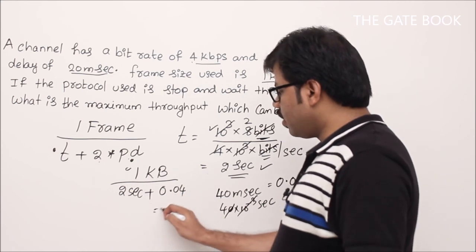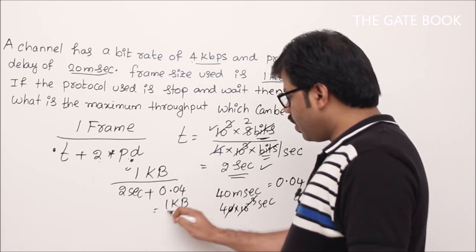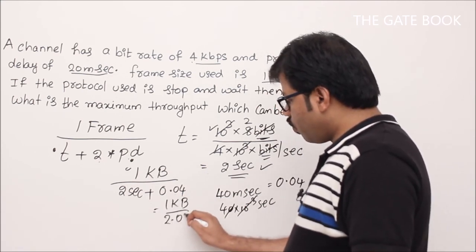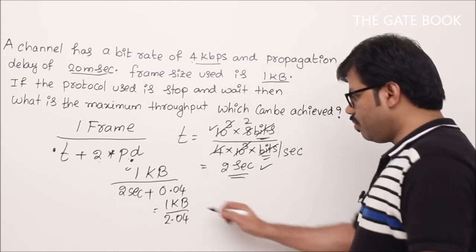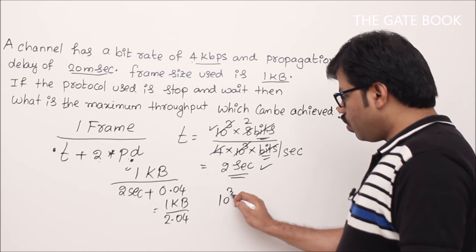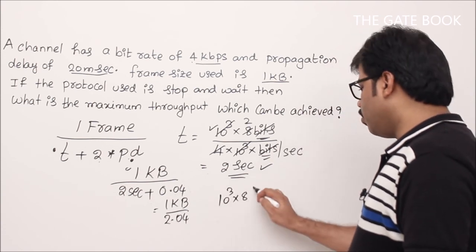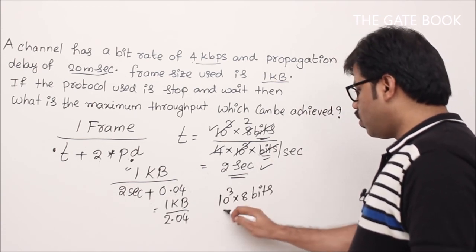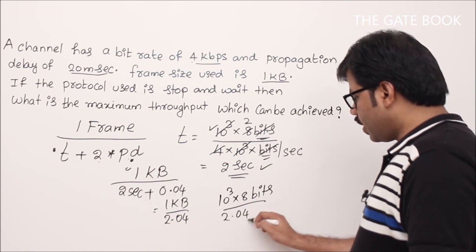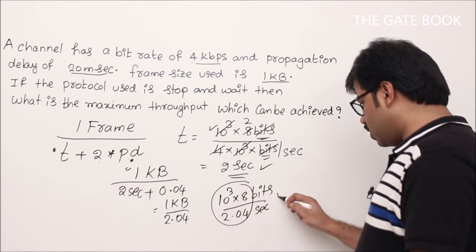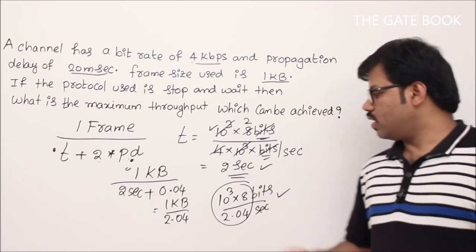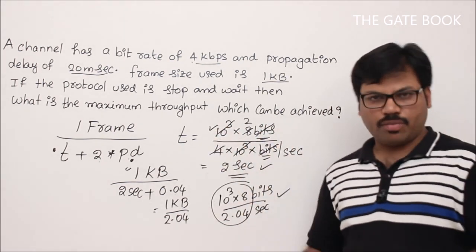I can say that 1 kilobyte per 2.04 seconds. So if I convert it into bits, it will become 10 cube into 8 bits per 2.04 seconds. So you have to do the simplification. If you do the simplification, you get the answer. So this is the throughput of stop and wait protocol. That's it.